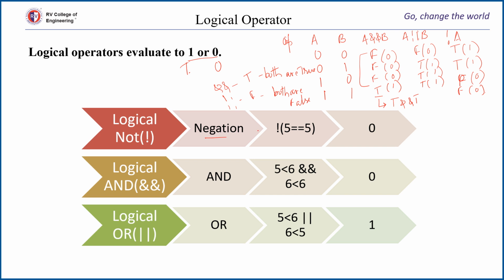So negation: if I have 5 is equal to 5, the condition is true. Negation of true is false, that is 0. Same thing, for AND: 5 is less than 6, true, and 6 is less than 5, false. True ANDed with false, the result is false, that is 0. 5 less than 6, true, 6 less than 5, false, true ORed with false is true, that is 1.